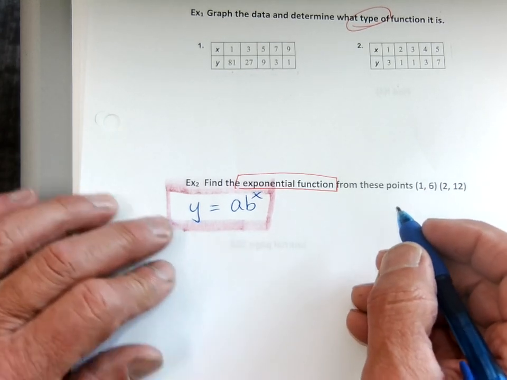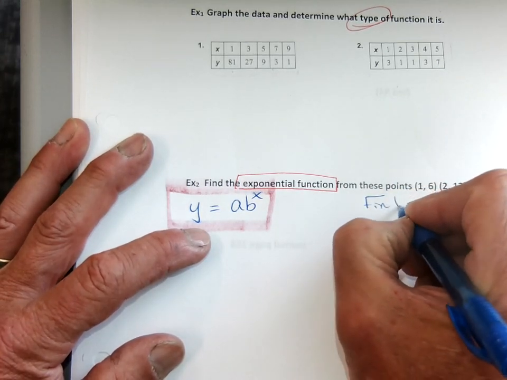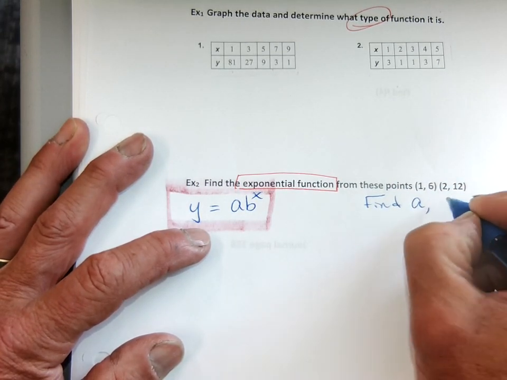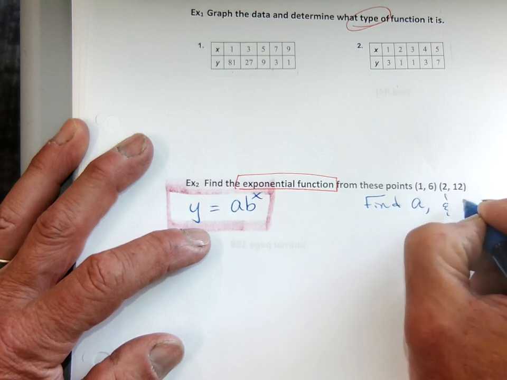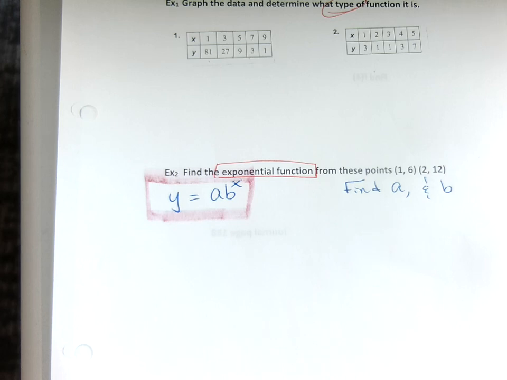what we need to do is this. We need to find the value of a and the value of b. Since I need to find both of them, I'm going to need 2 points, and I have 2 points.